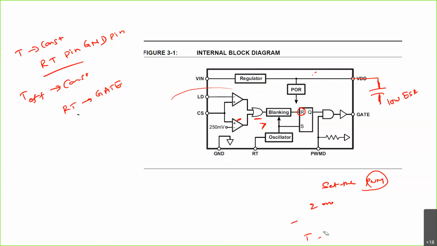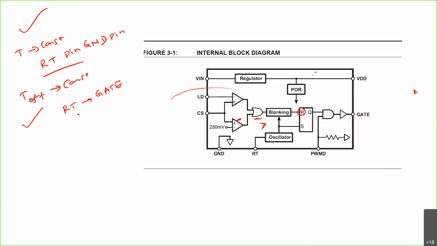Which one do we normally keep constant? In case you are using a peak current control and assume it is operating in continuous conduction mode, constant T mode is preferred.